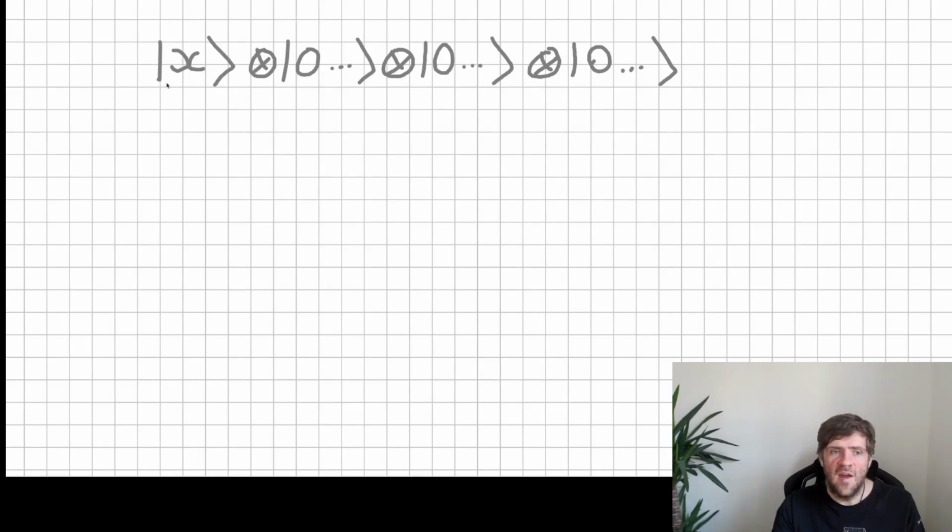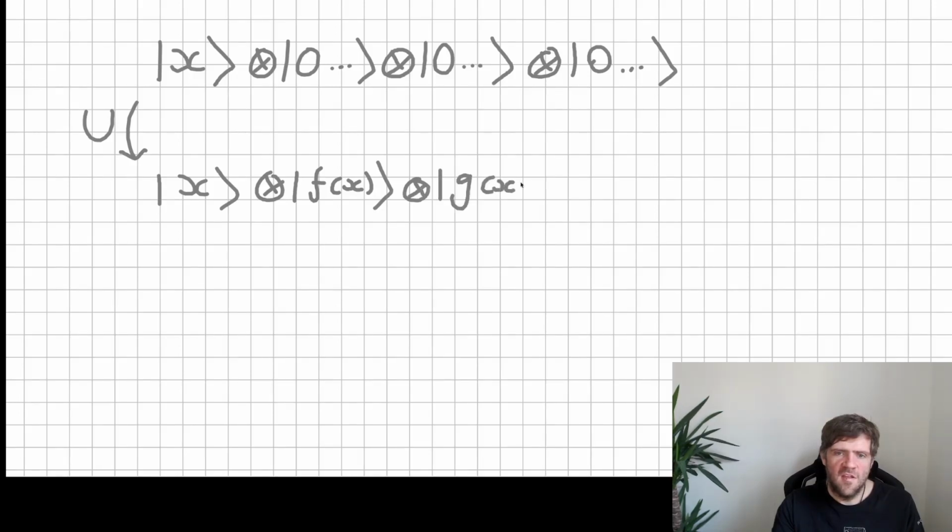And then we can apply our computation with our unitary u, which gives us our initial x again, but overwrites the second bunch of zeros with our output, overwrites our third bunch of zeros with the garbage, and overwrites the sixth bunch of zeros with nothing because it doesn't actually act upon those.